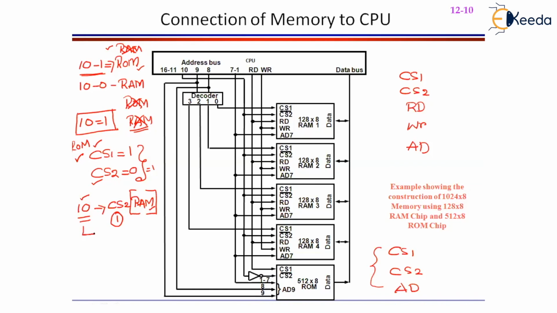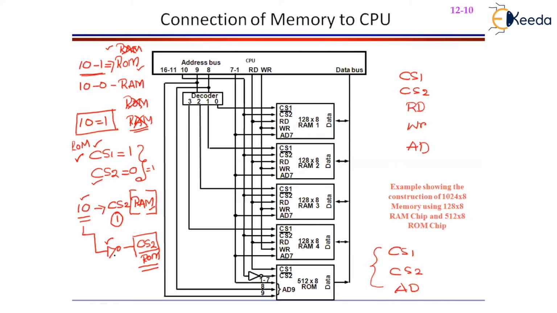So I will connect the 10th digit to CS2 of ROM. See, I did not connect the 10th digit directly to the CS2 of the ROM. What I have done is, I have inverted the 10th digit and connected it to the CS2 of the ROM.